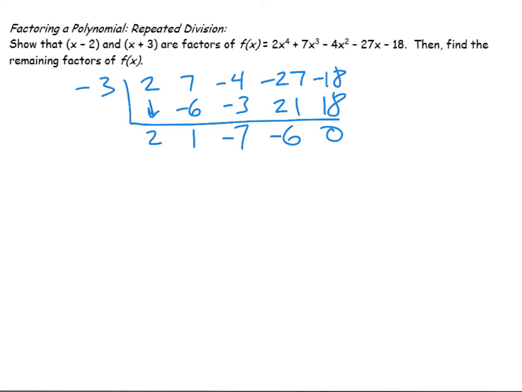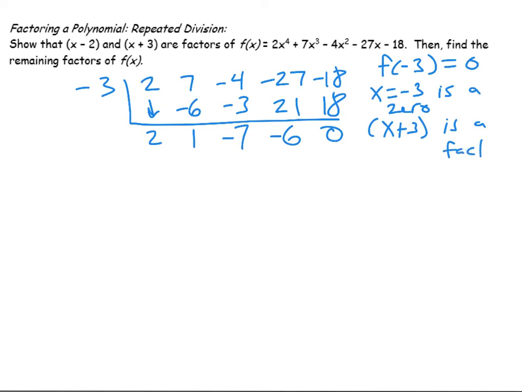Okay? I'm just going to recap right there, because this now tells me 3 things. If I were to plug in negative 3 into that fourth degree polynomial, I get 0. That means x equals negative 3 is a 0. x plus 3 is a factor. Now, I want to check another one.